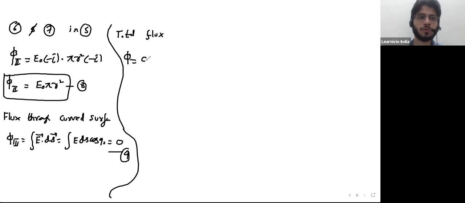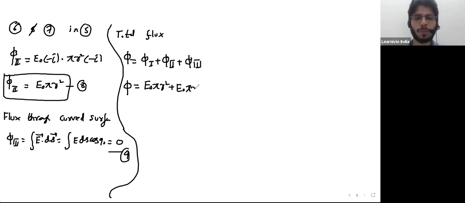And that total flux will be phi 1 plus phi 2 plus phi 3. Phi 1 is E naught pi r square. Phi 2 is E naught pi r square. Phi 3 is 0.